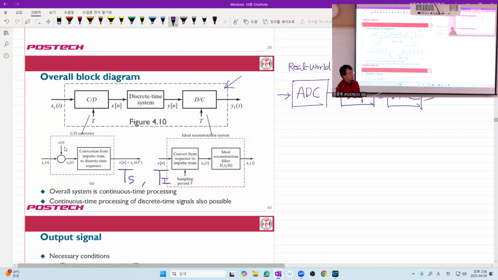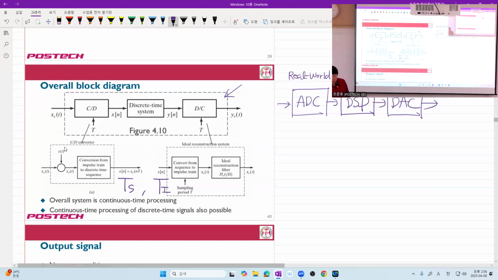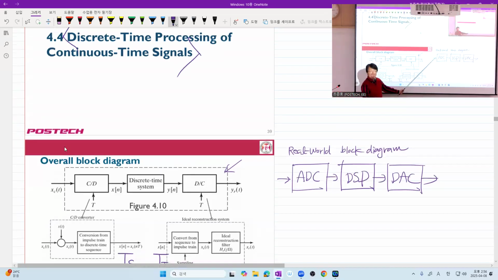Okay, so digital signal processors are here, as I have drawn. In the real world, you have a block diagram like this: an A to D converter, analog to digital converter, a digital signal processor, and a D2A converter. This revolutionized things. More analog components are now moving inside the DSP.